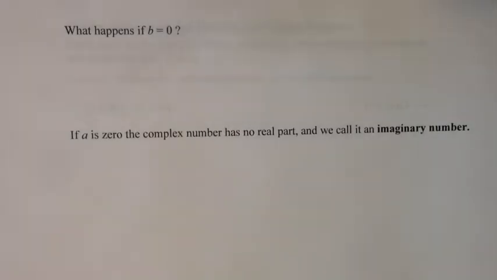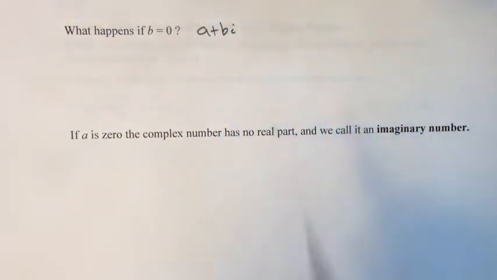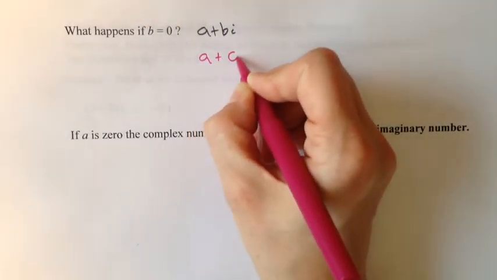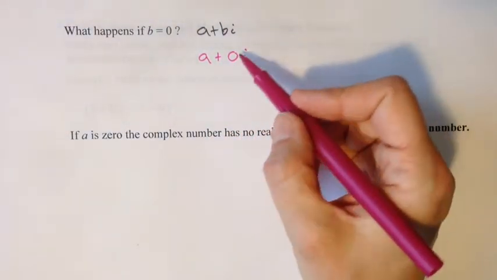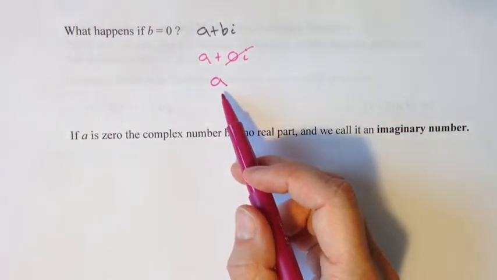Now, just to show you that the complex numbers really do contain the real numbers, I want you to think about what would happen if the b in a + bi was 0. If I have a 0 in here for the b part, I'll have a + 0 times i. But 0 times anything is 0, so that term really goes away, and I'm just left with a, which was a real number.